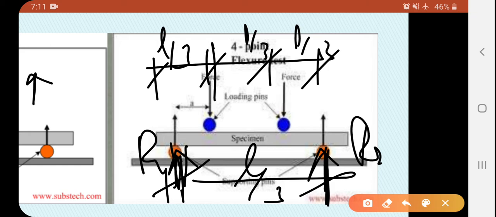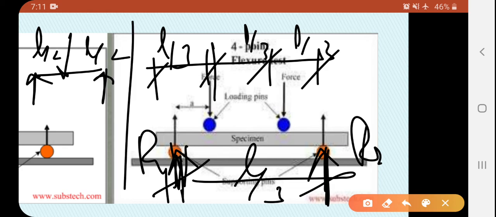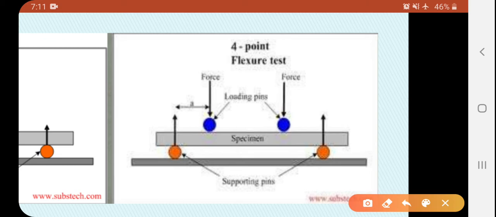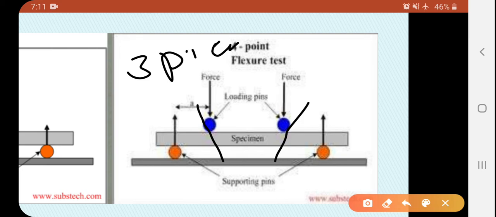But in the previous case we took L by 2, L by 2. The failure may occur here and here. Here we can expect 3 pieces, but in the previous case we expect 2 pieces.